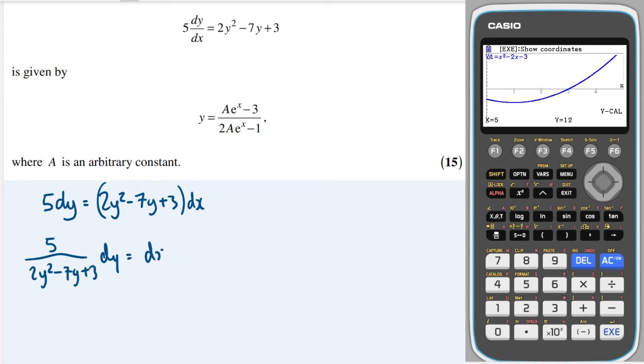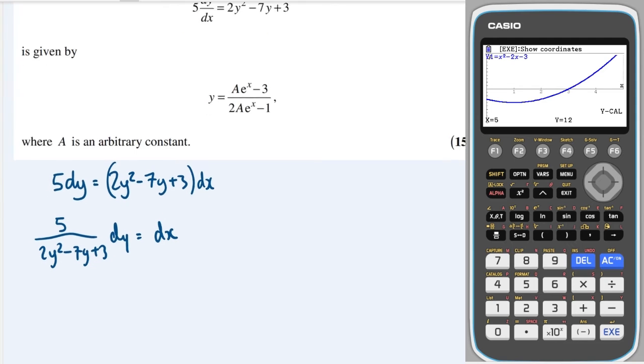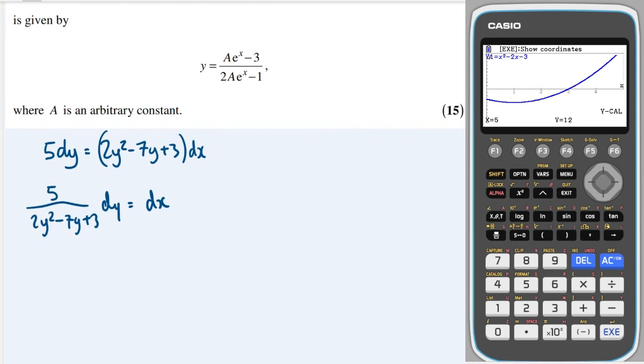Is equal to dx. Okay, so this looks like it could be a partial fraction. So let's factorize the bottom. And we will get 2y minus 1 and y minus 3.